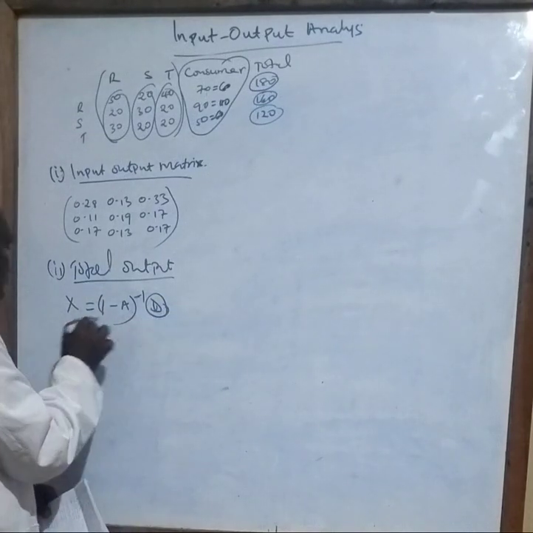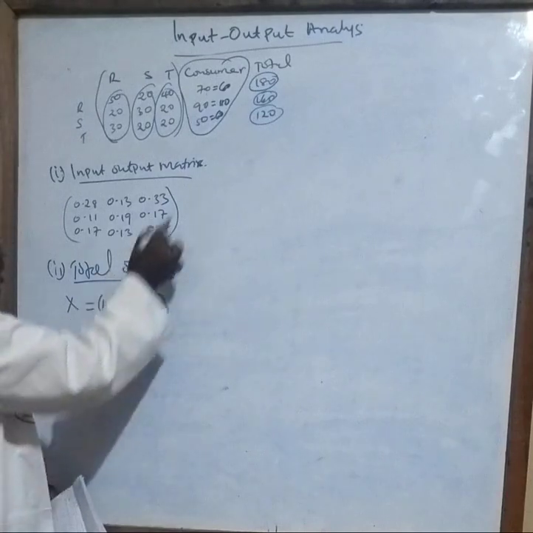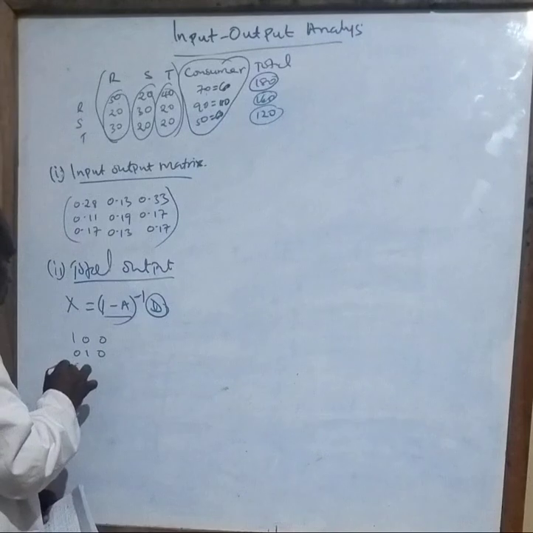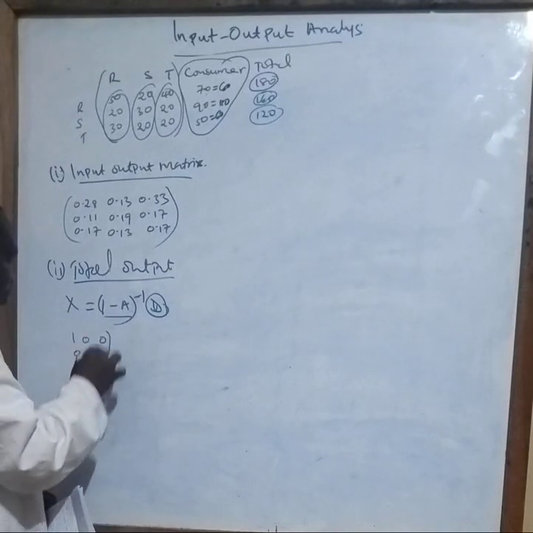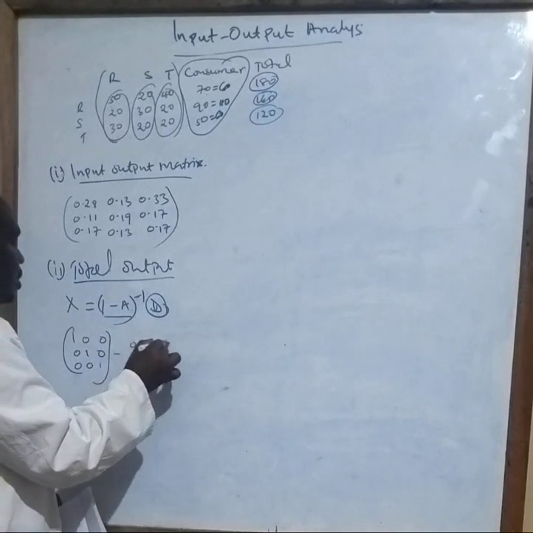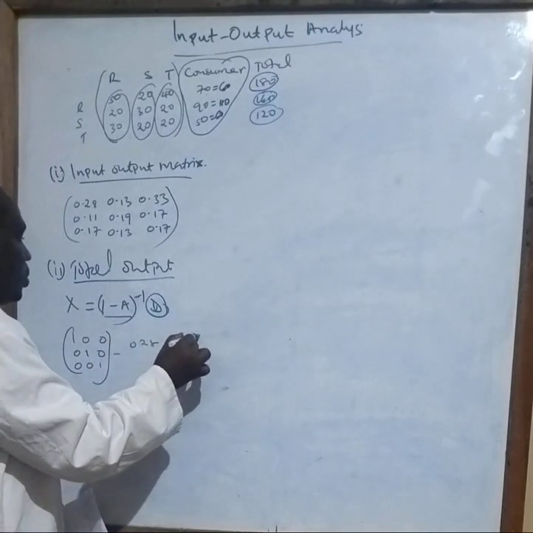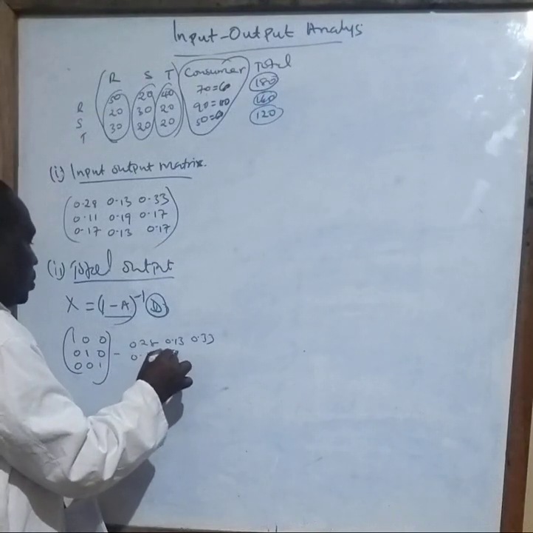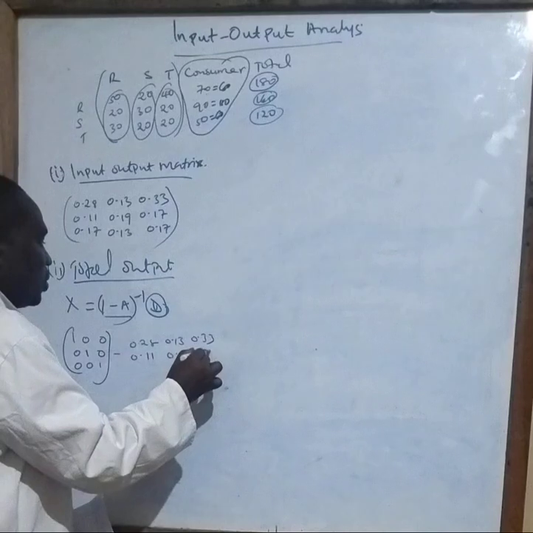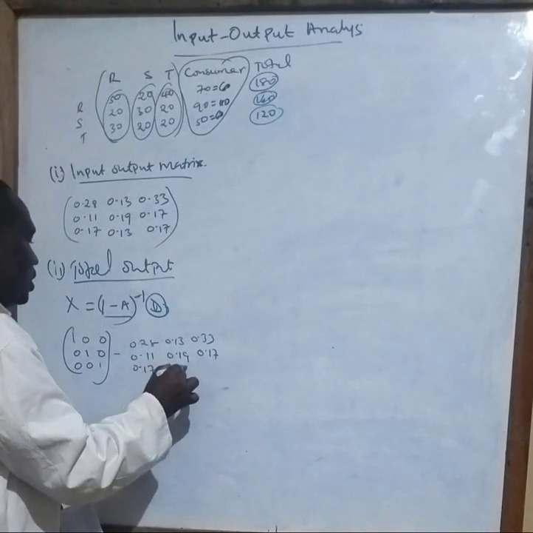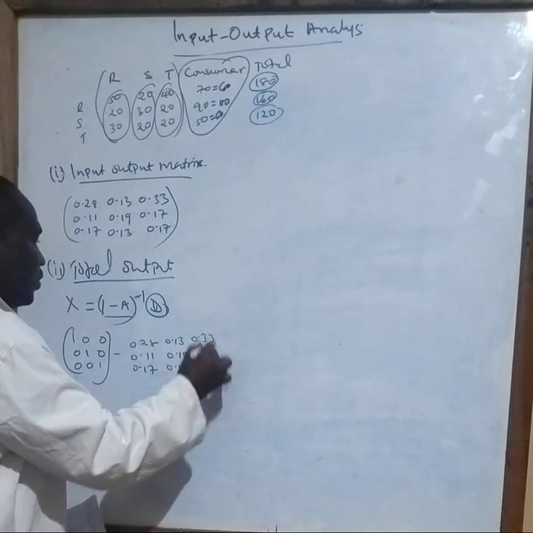Before you reach here, you calculate this part here, which is the identity 3 matrix: 1, 0, 0, 0, 1, 0, 0, 0, 1. Then minus 0.28, 0.13, 0.33, 0.11, 0.19 and 0.17. Finally 0.17, 0.13 and 0.17.